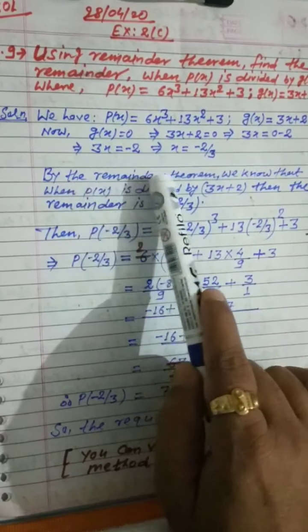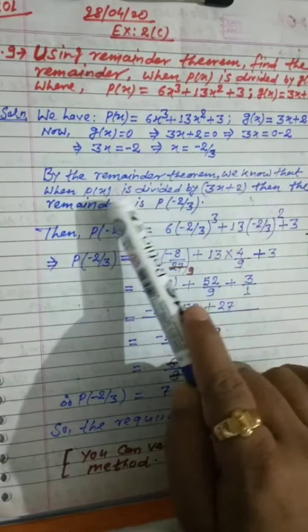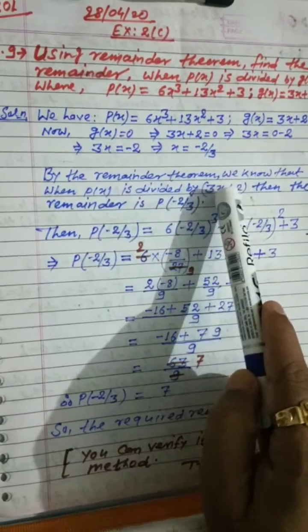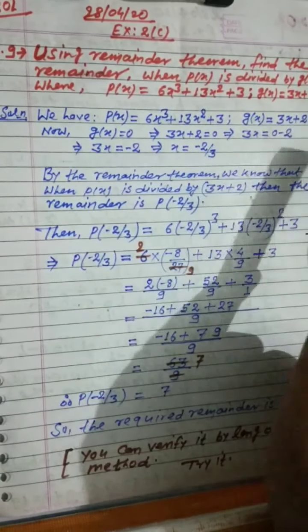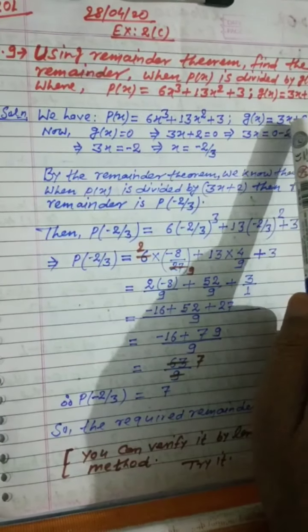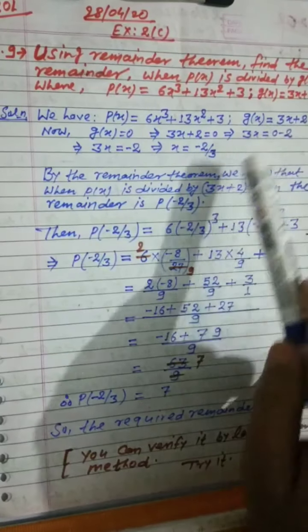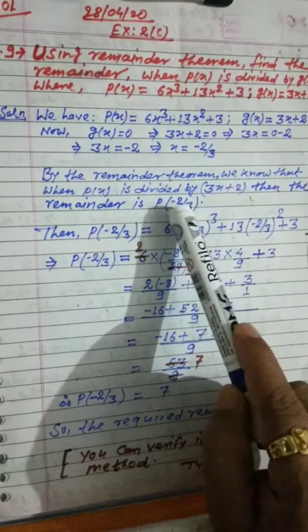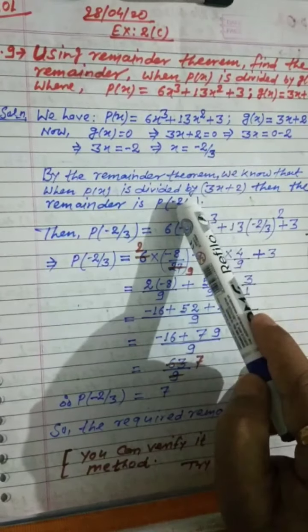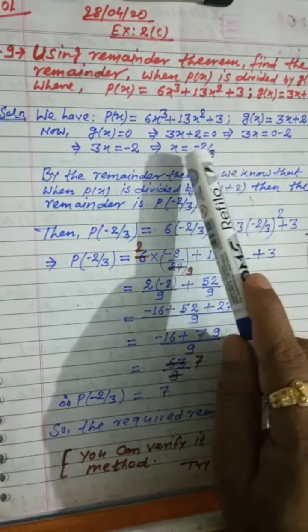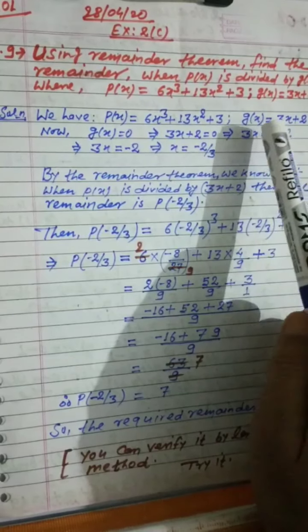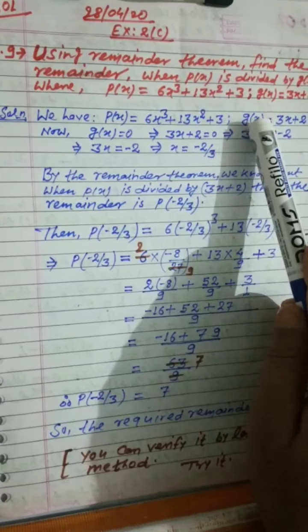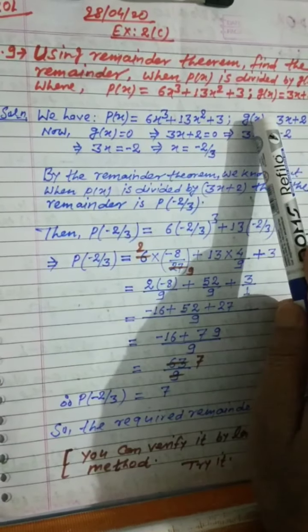Now by the remainder theorem we know that when p(x) is divided by x minus alpha, that is, here we have to divide by 3x plus 2, then the remainder is p(alpha), and alpha means the value of x you have found for the divisor polynomial.